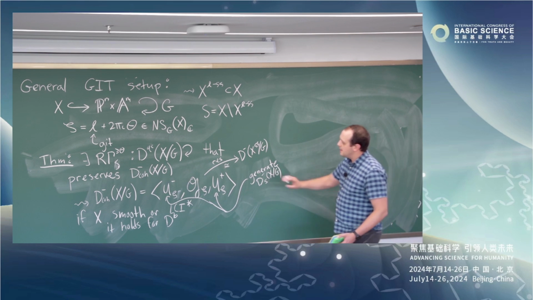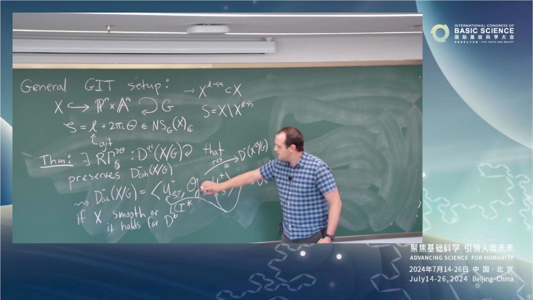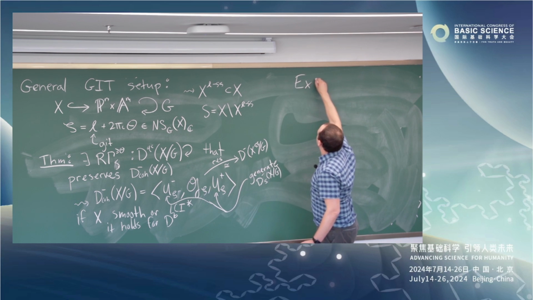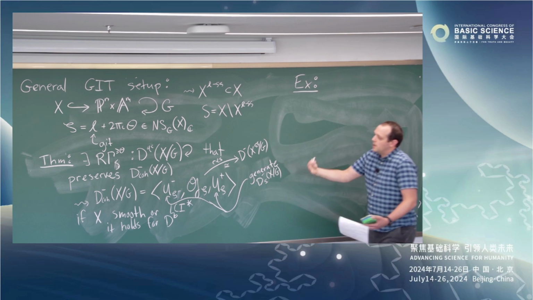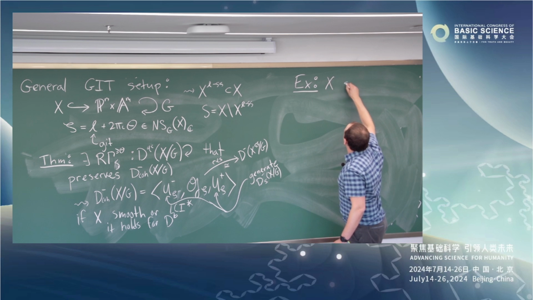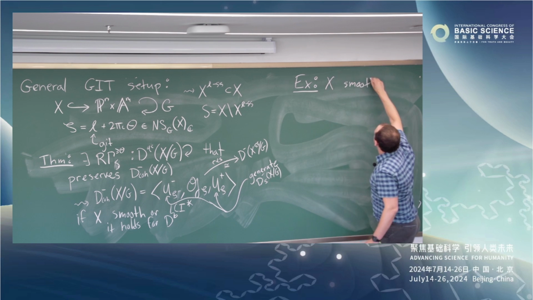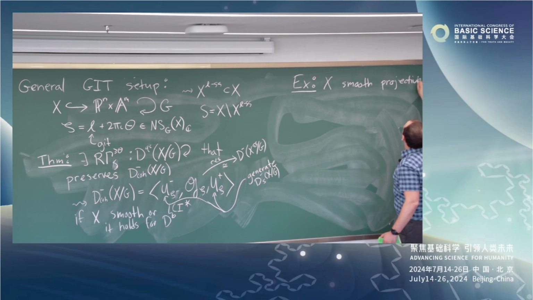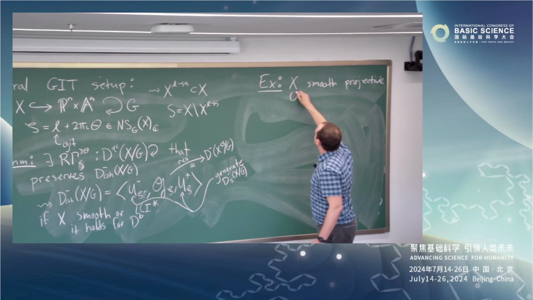So to actually apply this, in specific examples, you need to be able to say a little bit more about this category. So I wanted to illustrate how this gets applied. I'm going to focus on X as a smooth projective variety, with just a C star action.